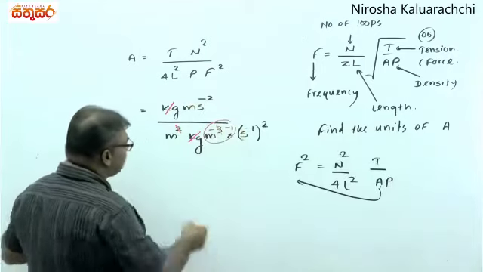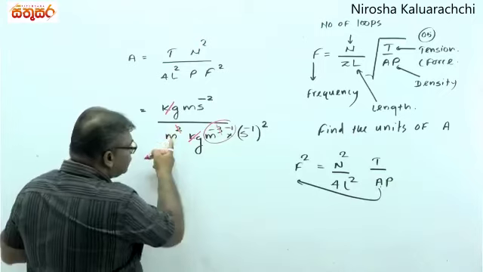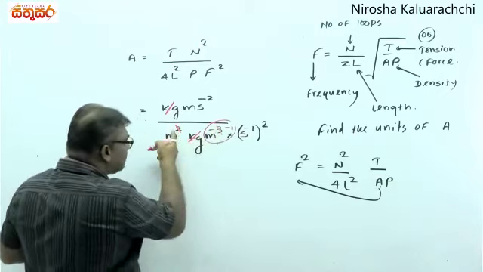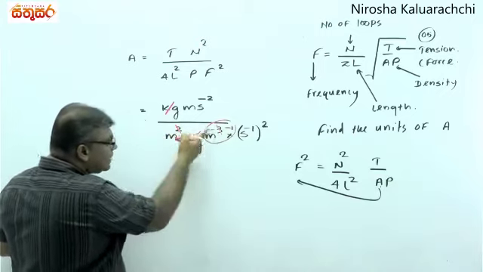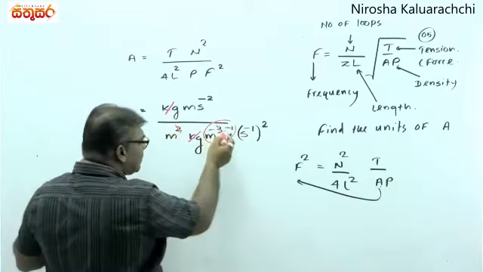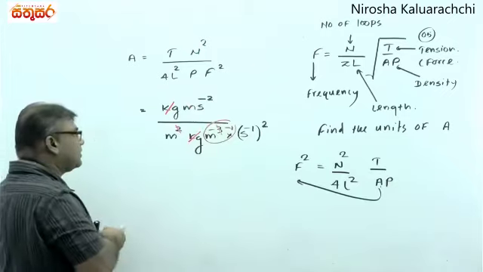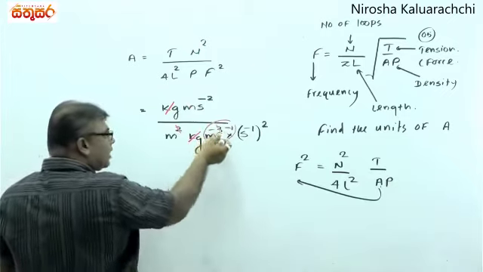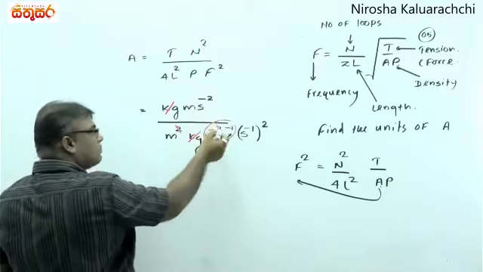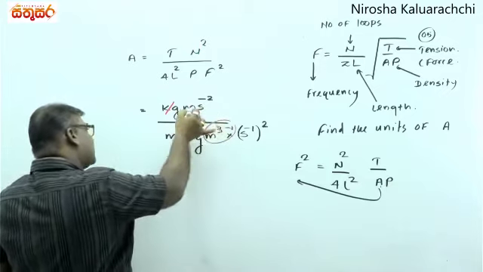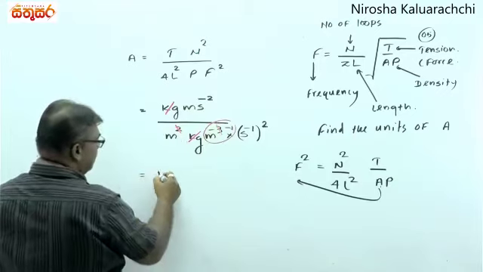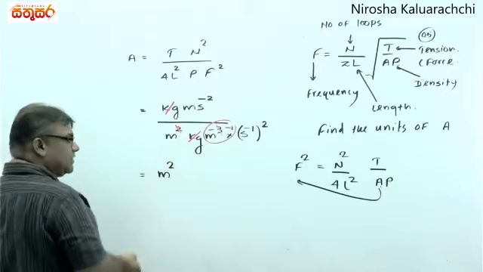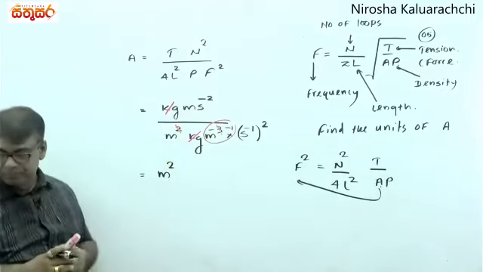Here, m to the power of 2 and m to the power of minus 3, two of them cancel off, plus 2, minus 2 cancel, minus 1 available. When m minus 1 comes up, it becomes m plus 1. That m plus 1 and this m plus 1 give m squared. The kg cancels, so there is no kg value.